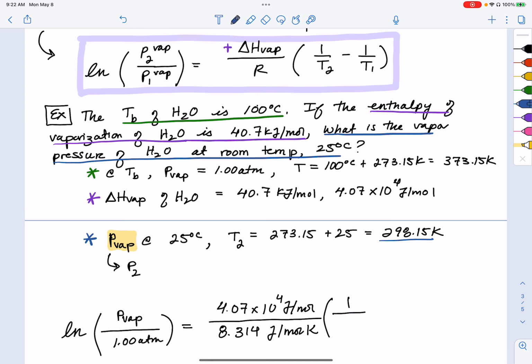This is our 298.15 Kelvin, minus 1 over our starting temperature, or the temperature at which we have a vapor pressure of 1 atmosphere. That is 373.15 Kelvin.